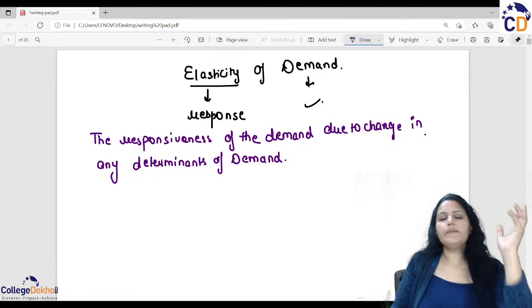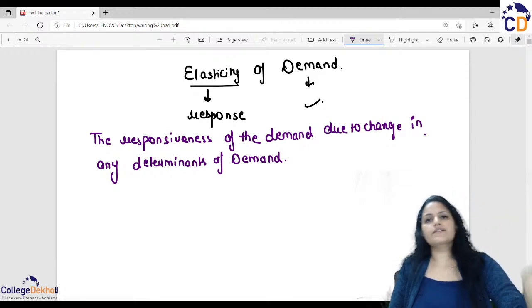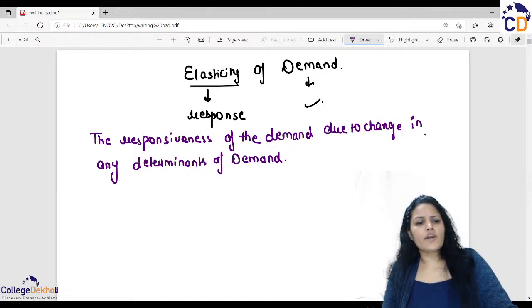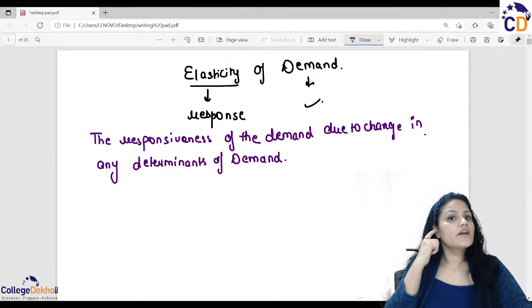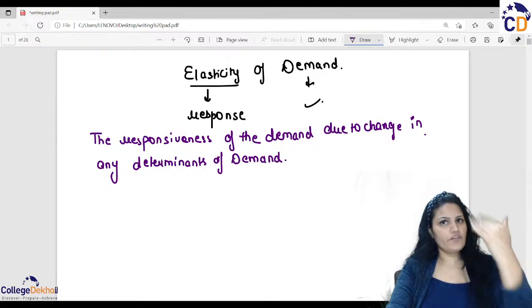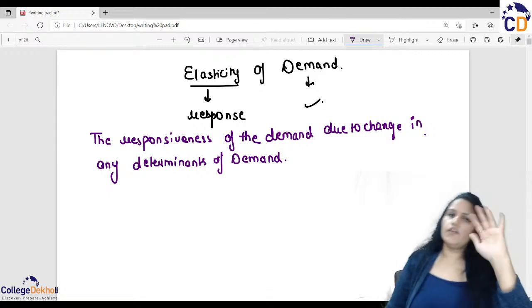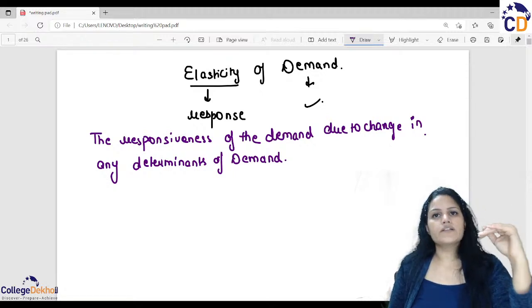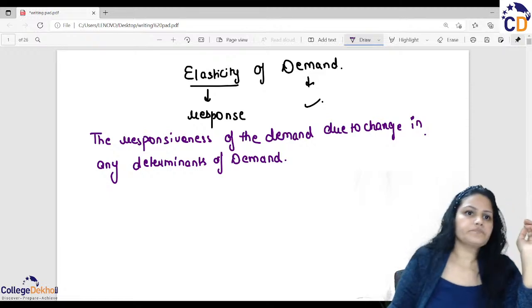We have 6 determinants of demand. If there is any change, let's suppose the price changes, then demand may change in a favorable way or in an unfavorable way. Whatever the way, that should be understood in today's class.